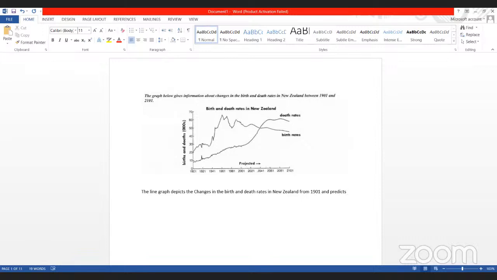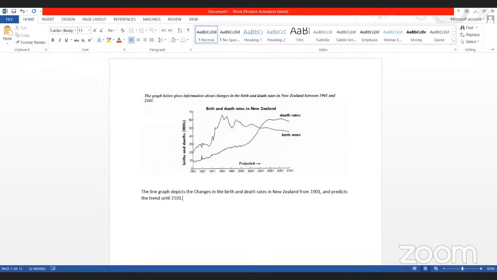And it predicts something. It predicts the trend. Predict the trend until the end mark of the graph. You have paraphrased the graph.